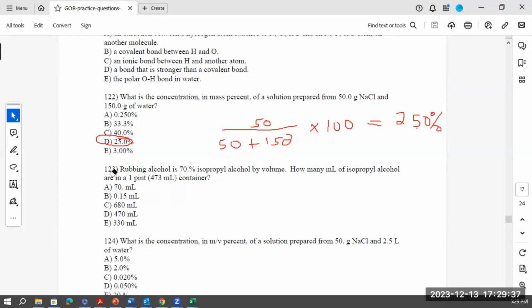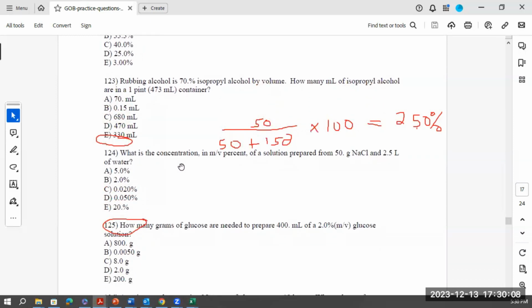E, you said E as in Edward? That is correct. So we just multiply that 70% times our pint, which is 473, which is going to give us 331, or 330 in terms of sig figs. Good job.